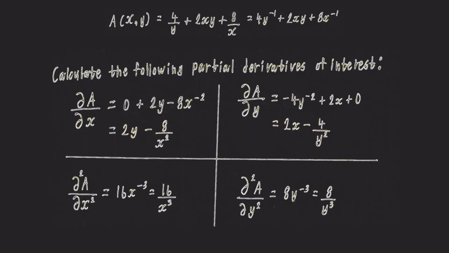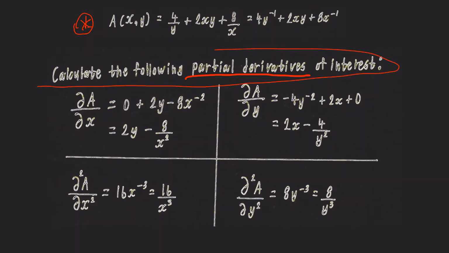There are two variables in this function. So the first thing is, since there are two variables, we can't really take full derivatives, and that's where this idea of partial derivatives comes in. It'll be evident why we are calculating these particular partial derivatives of interest later.